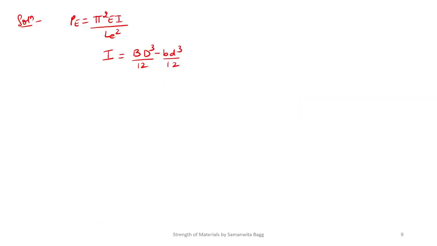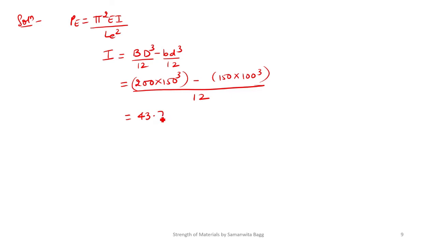So when I solve this, it is 200 into 150 cube minus 150 into 100 cube, with 12 as a common denominator. On solving this, I get the value as 43.75 into 10 raised to 6 mm raised to 4.